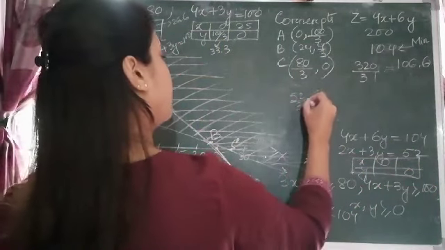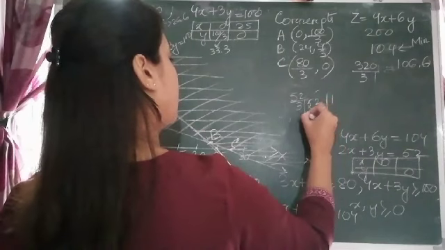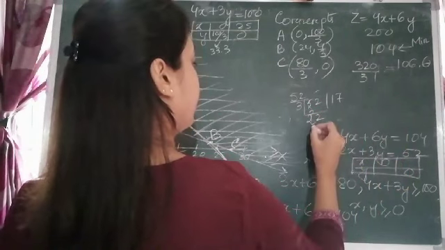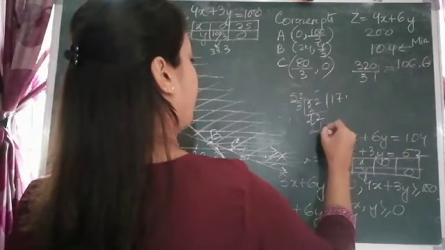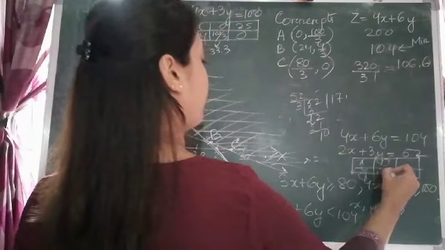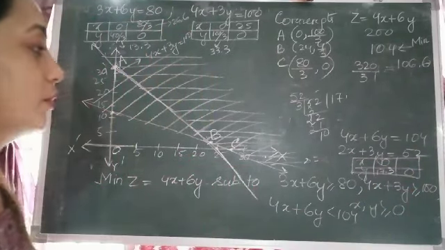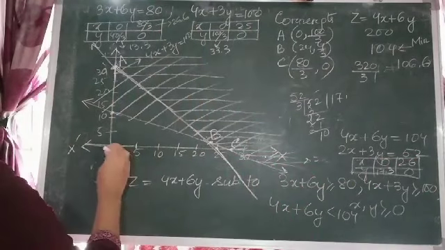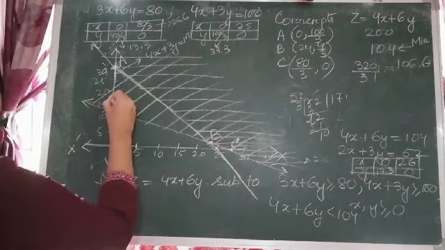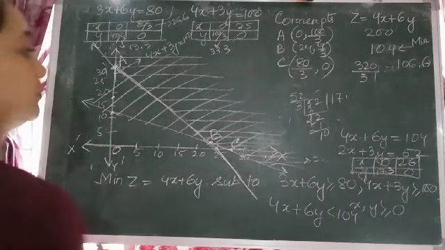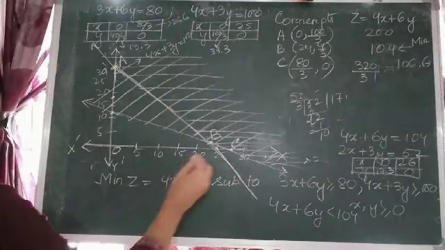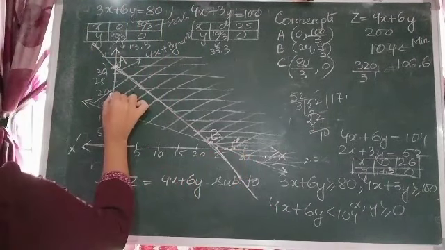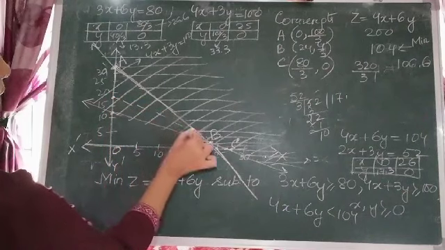So 52 by 3 is 17.3, and if you put y equals 0, then you will get 26. So let's plot it here. So 0, 17.3 will lie somewhere here. And 26, 0. So 26 will lie somewhere here. So apply dotted lines.